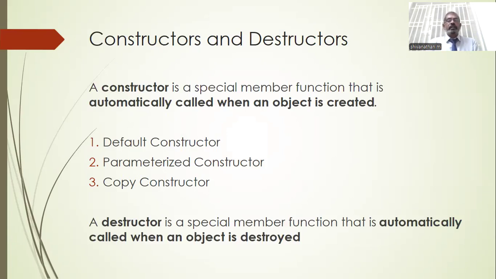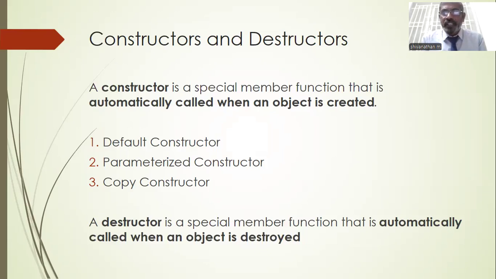And of course, destructors and constructors are nothing more than special member functions. These constructors are member functions only. These constructors are generally used to initialize member data. Similarly, destructors are special member functions. They are generally used for housekeeping, like deallocating memory and all those things when an object is destroyed.